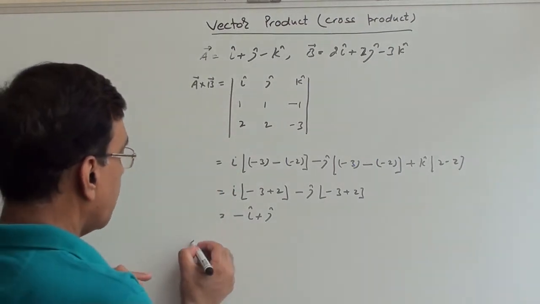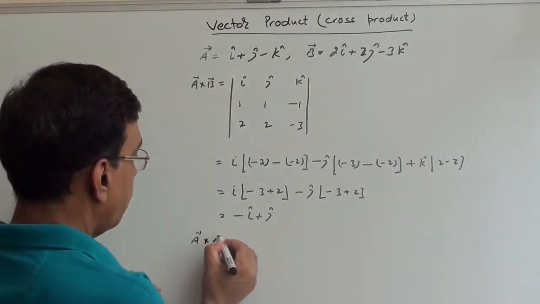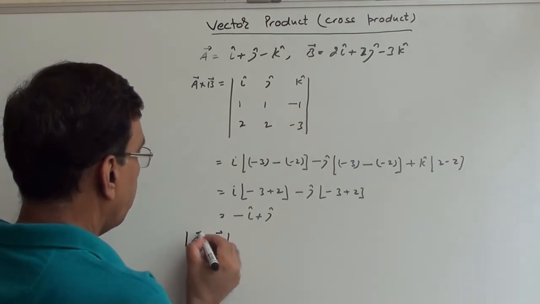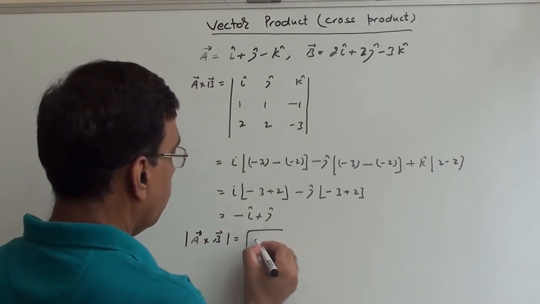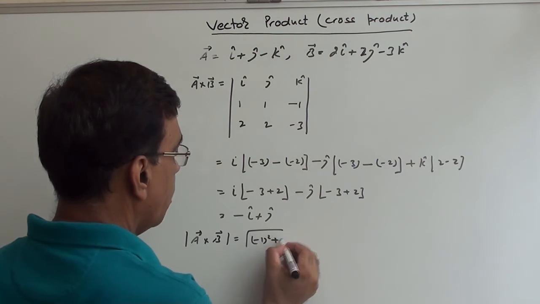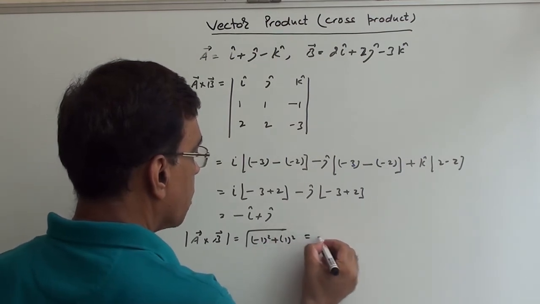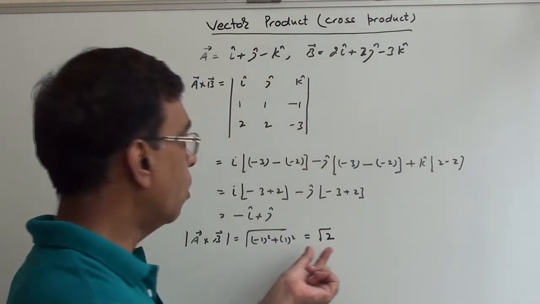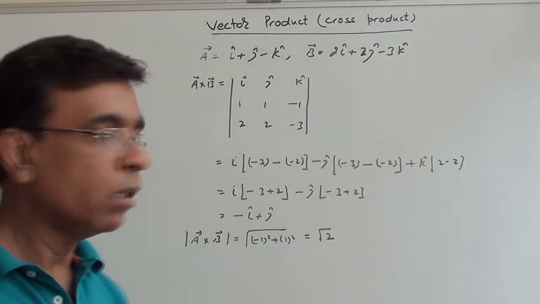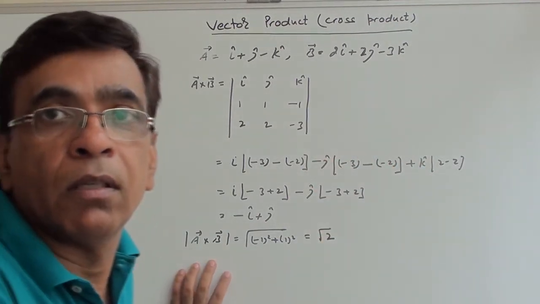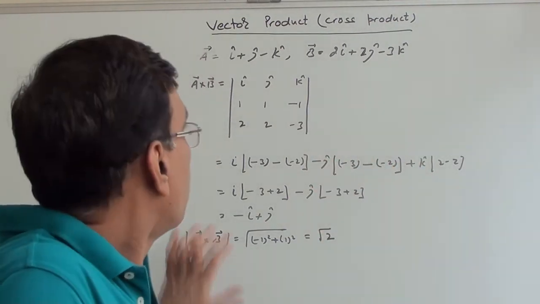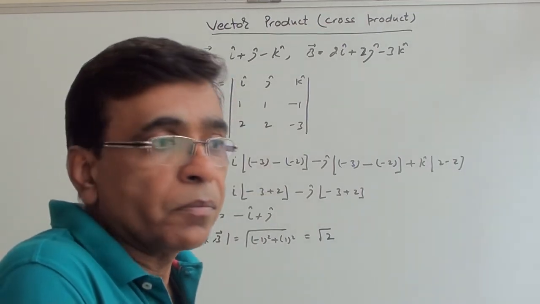This is the cross product. So what is the magnitude of this? This will be helpful in calculating magnitude. Under root minus 1 square plus 1 square, this gives under root 2. So under root 2 units square. So that will be the area of the parallelogram formed by these two vectors.